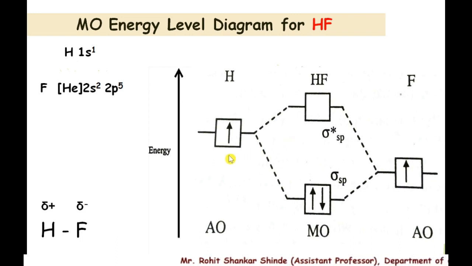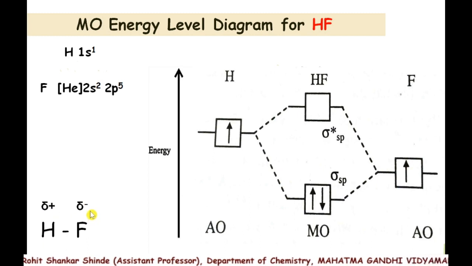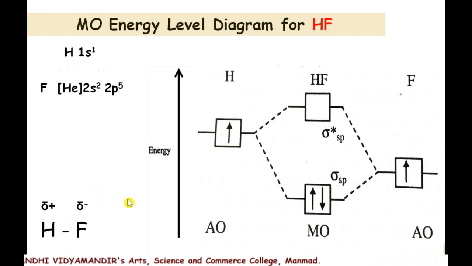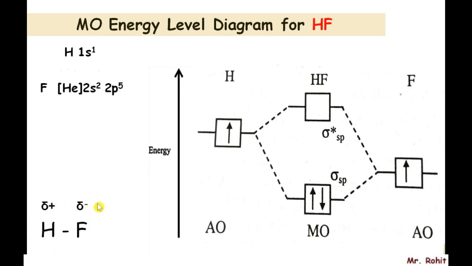And this causes charge separation, that is delta plus and delta minus on the atoms, and it develops a dipole in this molecule, and hence the covalent bond present in HF molecule has a highly ionic character. It is a polar covalent bond.